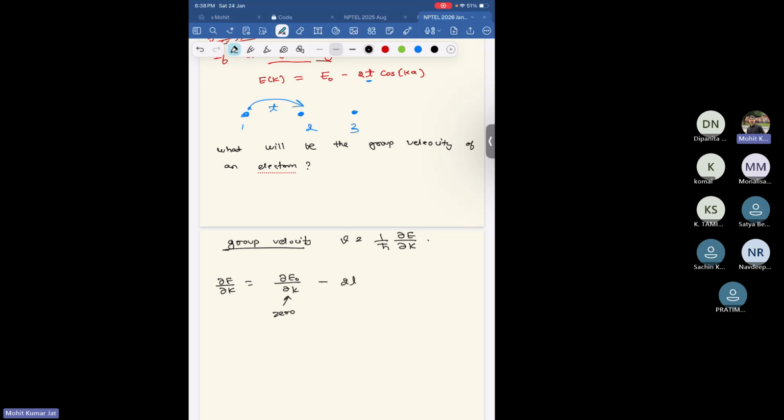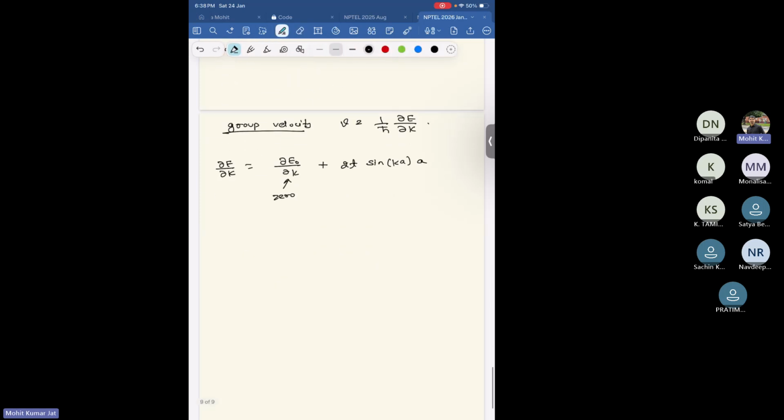Minus 2t, and the derivative of cos ka gives sine ka, multiplied by a, because the factor multiplying k comes out.